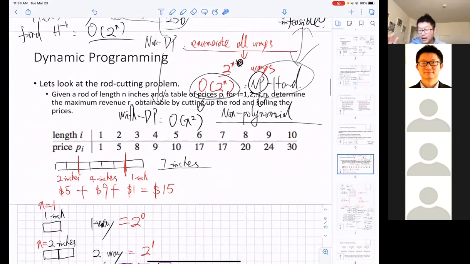So now do you feel the power of dynamic programming? Dynamic programming reduces the execution time from this amount of years to 1 second. How powerful it is, right?